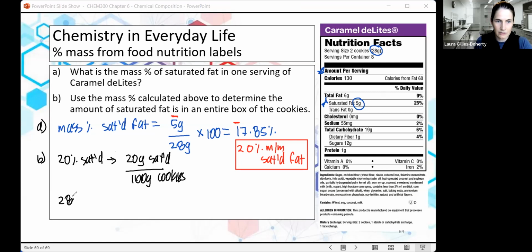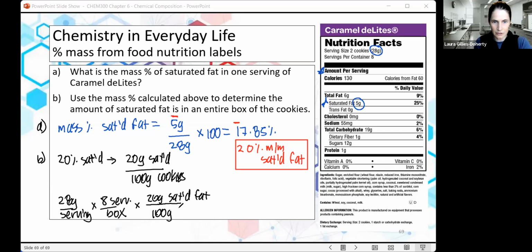So 28 grams per serving times 8 servings per box. That will give us our grams of cookies per box times 20 grams of saturated fat per 100 grams of cookies.